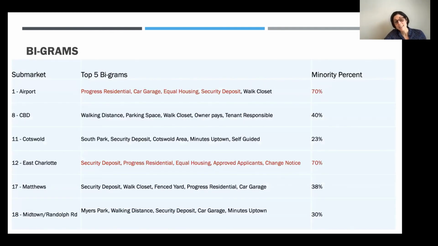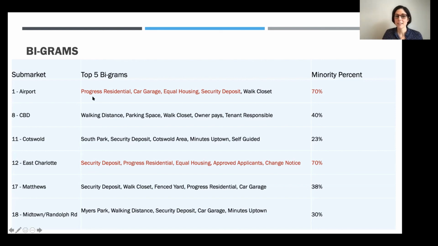And then he did one last thing, which I didn't think would return anything interesting, but it actually did. He did some bigram modeling, which looks at words that most frequently appear together. What we found was that in mainly minority concentrated submarkets, the top 5 bigrams were all restrictive words.